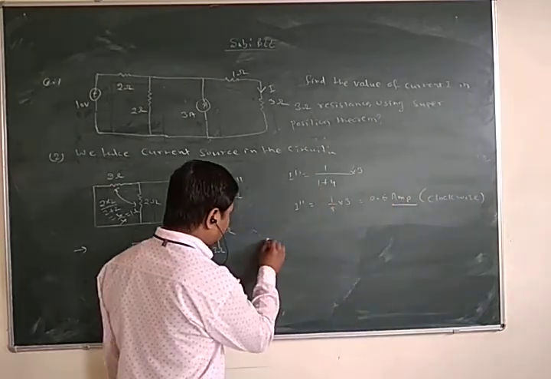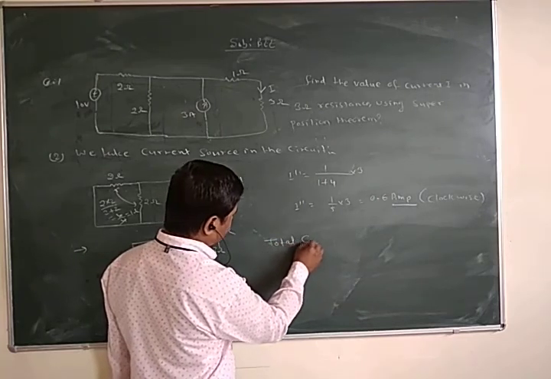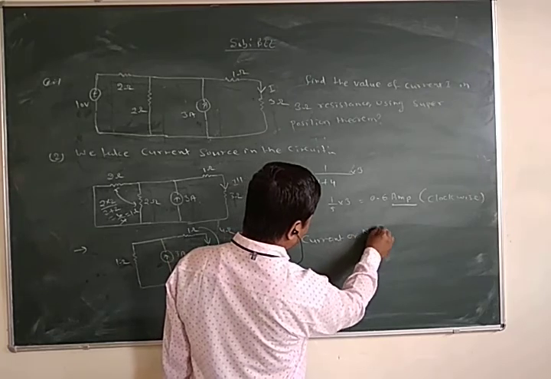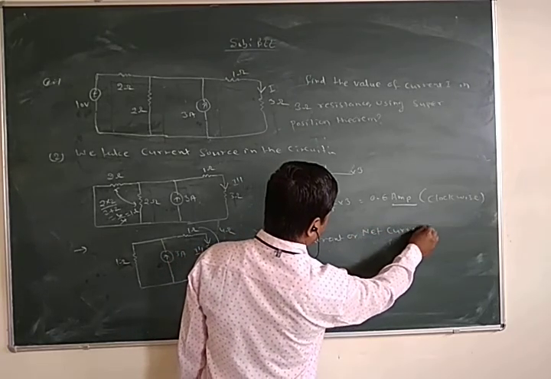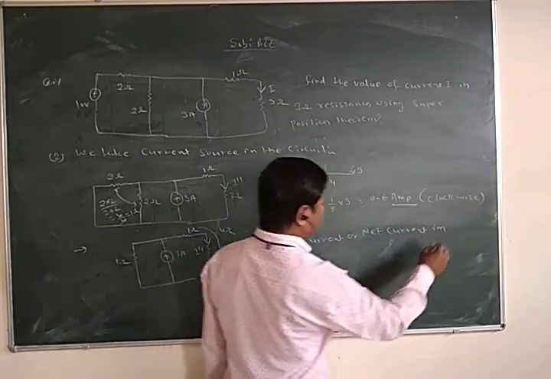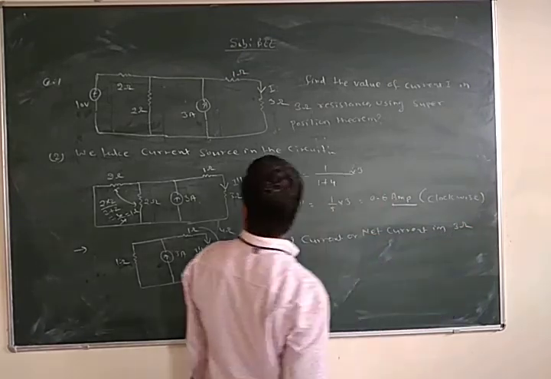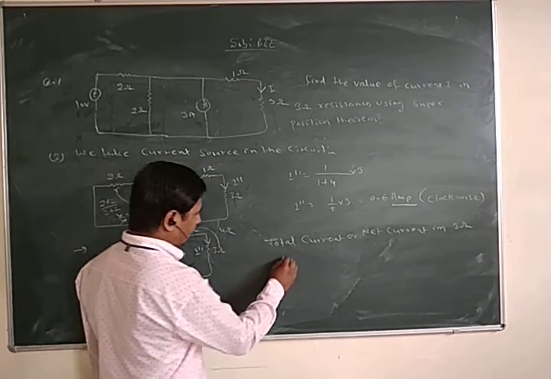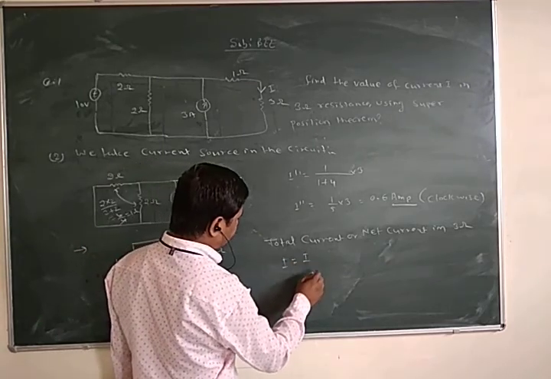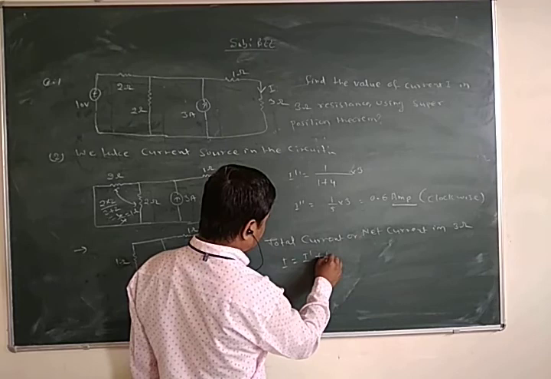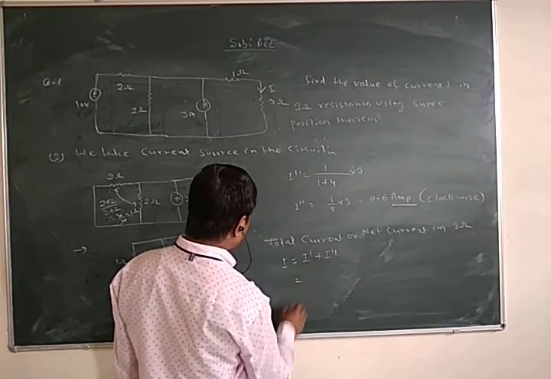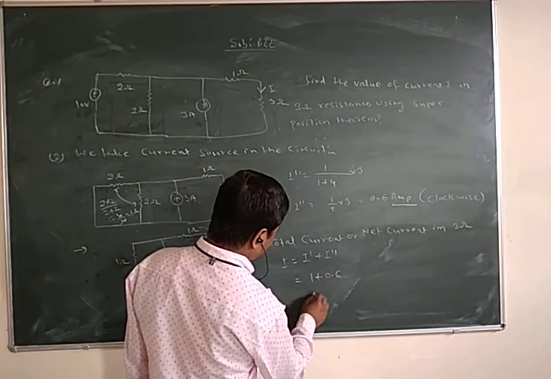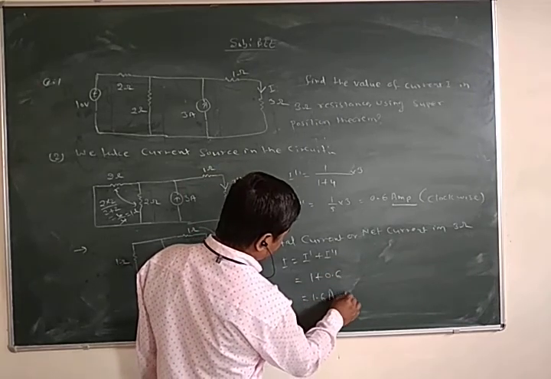So total or net current in 3 ohm, I is equal to I dash plus I double dash, that is 1 plus 0.6 equal to 1.6 ampere.